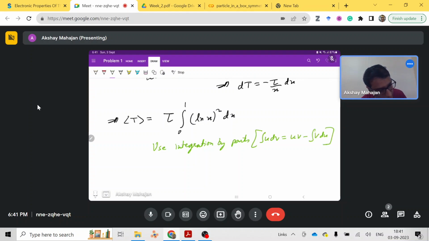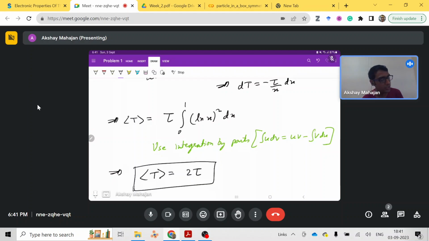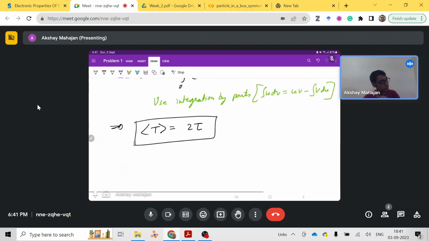Just use this property, and what you will find is that the average of capital T is equal to 2 tau. So here using part D, we have seen that it is 2 tau, and that is what you will get from part C as well.